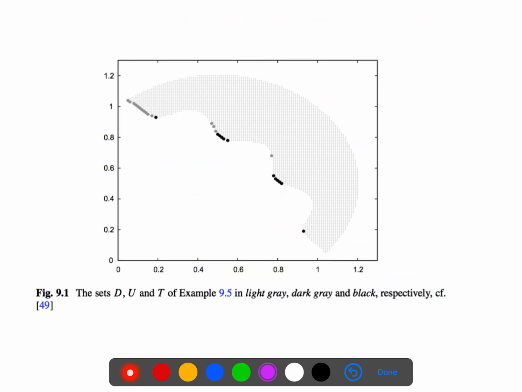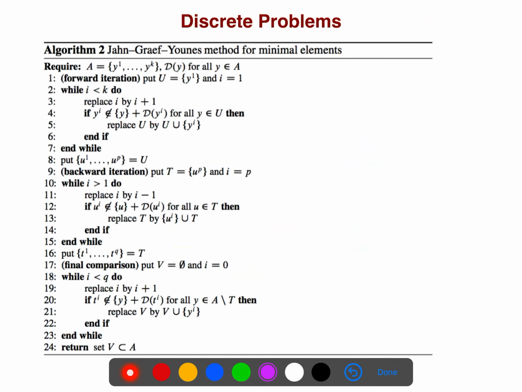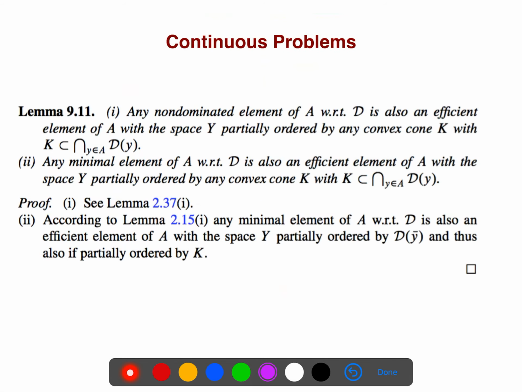So if this is the set D, U, and T, the discrete problem for minimal points is similar as well. It has 3 parts as well. First, in algorithm 1, we do it for non-dominated elements. In algorithm 2, we use the same analogy to do it for minimal elements as well.